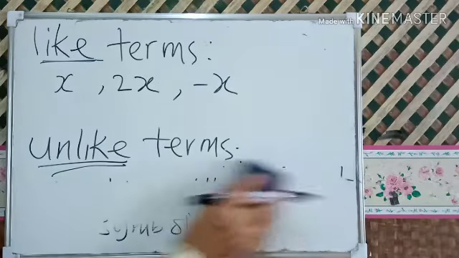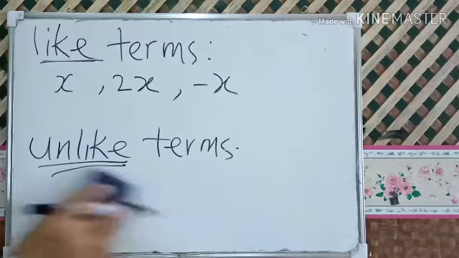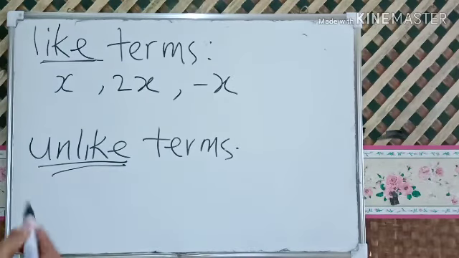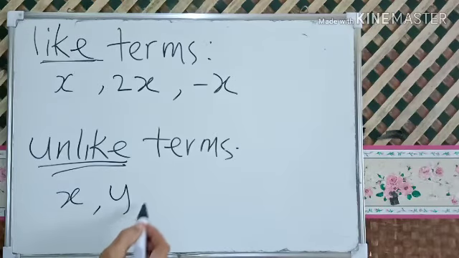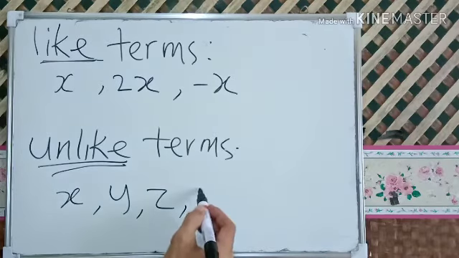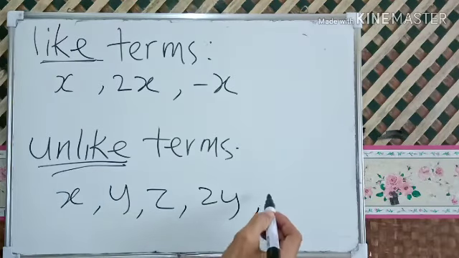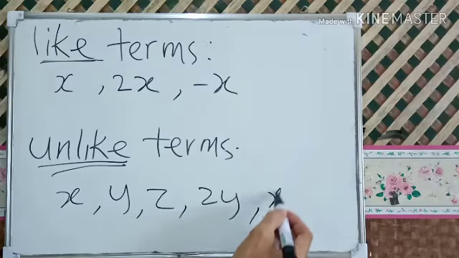Unlike terms look like this: x, y, z, 2y, xy.